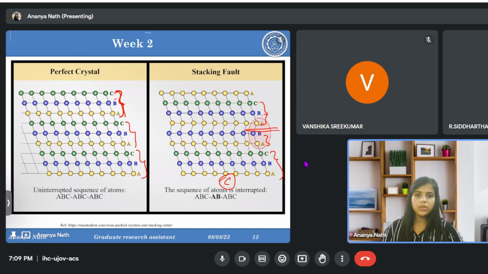So again, due to the difference in electronic configurations, the solid atom will always introduce a dipole inside that particular metal alloy.